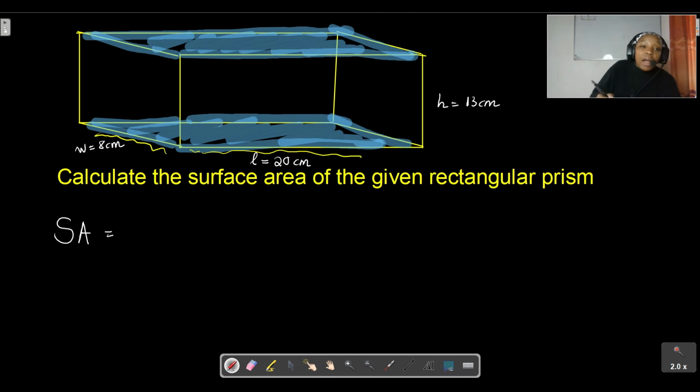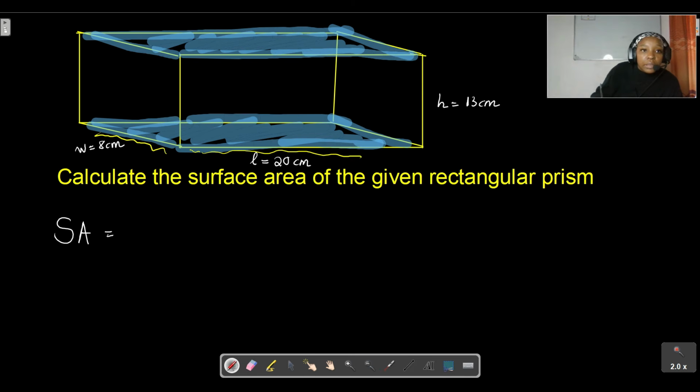Okay, so to calculate the area of the top and the bottom, because they share the same dimension, you don't have to write out the length times the width twice. You can just write length multiplied by width, multiplied by 2.